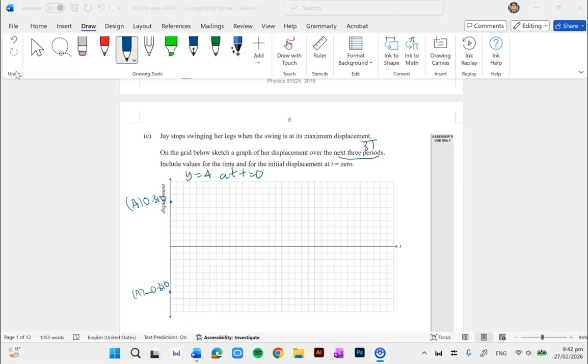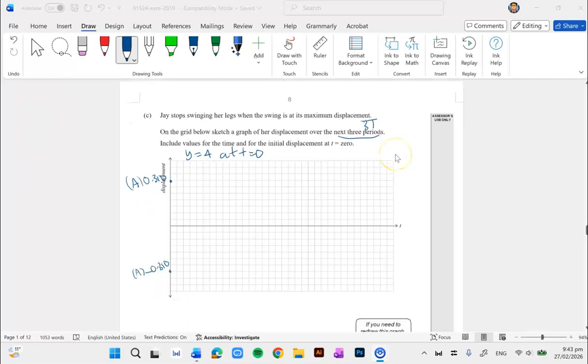Another thing that you need to consider is that the time period is constant. So we want to start our graph from the max displacement.